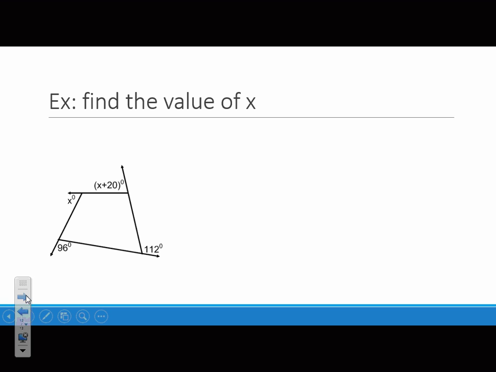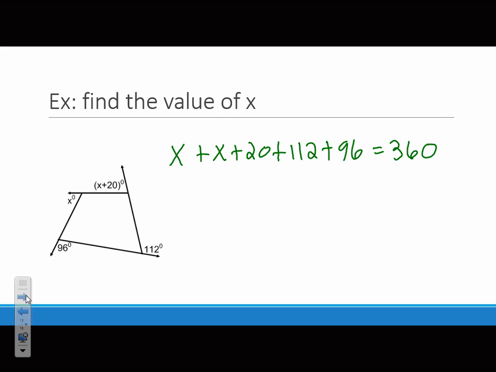We have this one, and we need to find the value of x. Now, we know it doesn't matter how many sides my shape has, all the exterior angles are going to add up to equal 360. So I'm going to have x plus 20 plus 112 plus 96 equals 360. Combine like terms.